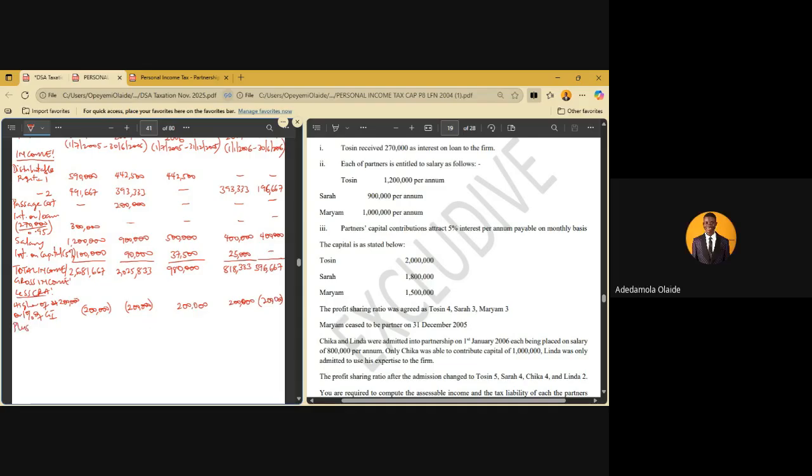Then plus 20% of gross income. What is 20% of gross income? First one, 536,333. The next one, 405,167.